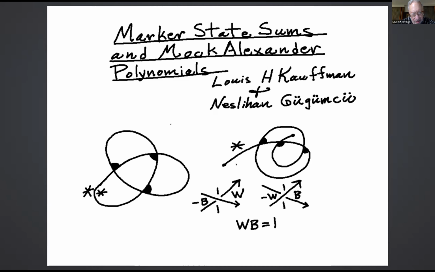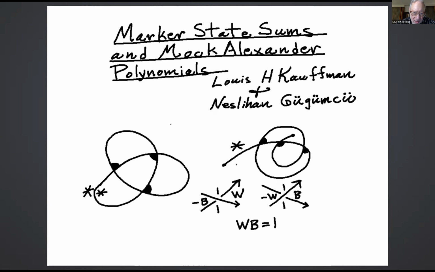And each vertex in the knot diagram, which will occur in various contexts, will have vertex weights as I've indicated on this slide. And then the marker, which occurs in one of the four positions, will match with one of the vertex weights. And then one takes, for a given state, the product of the vertex weights and sums over all the states.